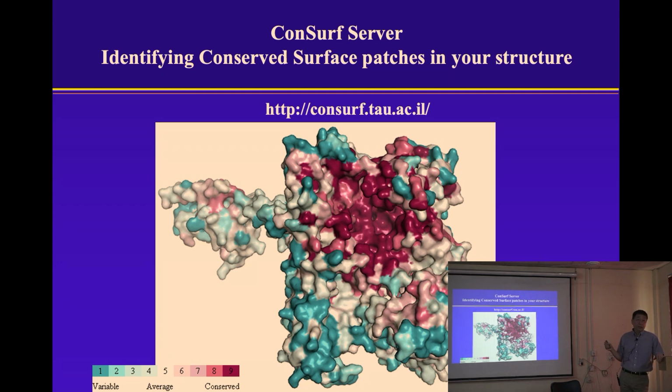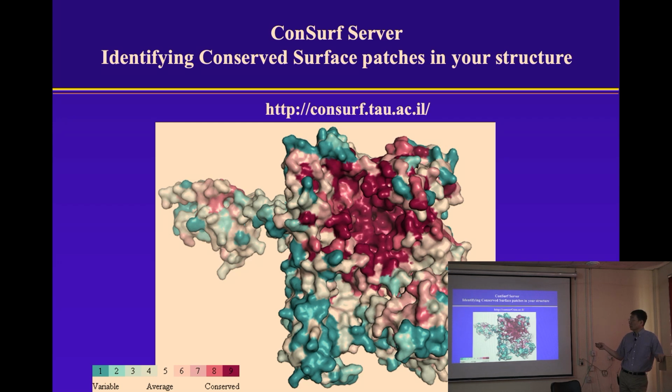It extracts the sequence of your protein from the PDB file, and then does a BLAST search against all sequences to find all its homologs. Then it calculates conservation at each residue of your protein, and that conservation can then be used to color the structure.